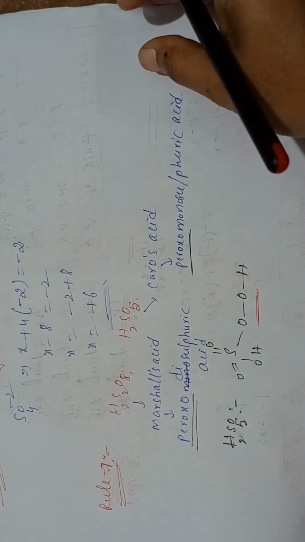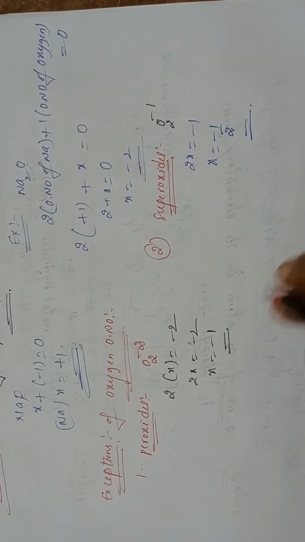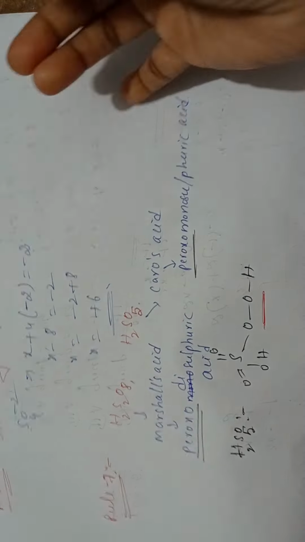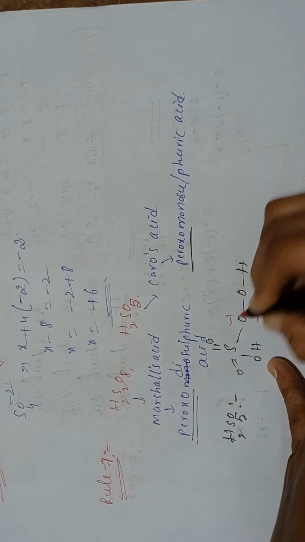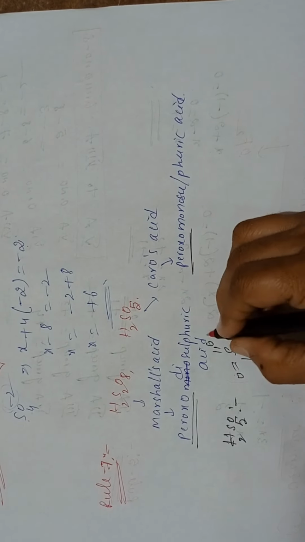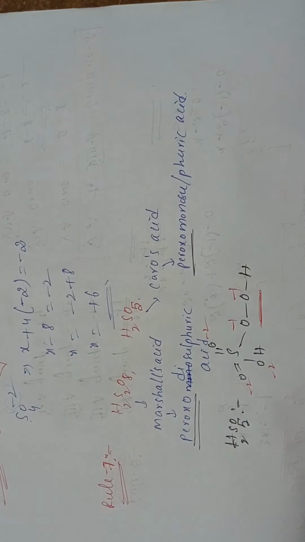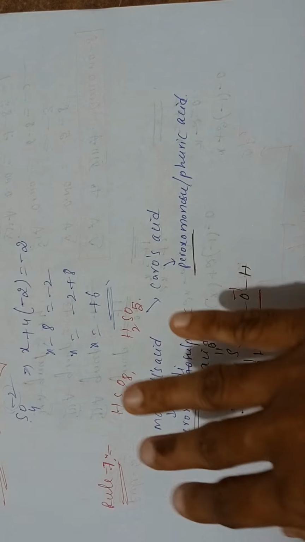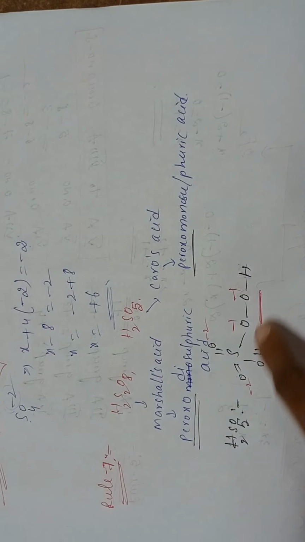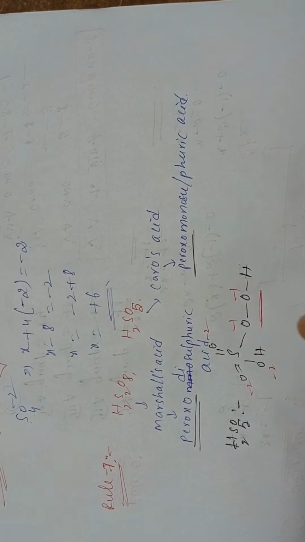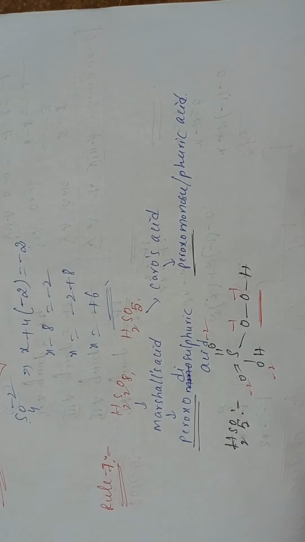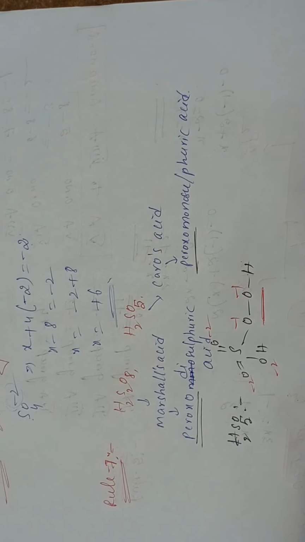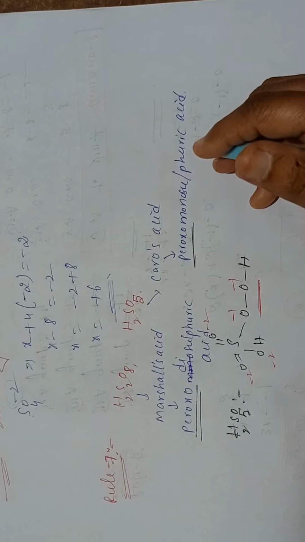As I already told you, in peroxides the oxygen oxidation number is minus 1, but the remaining oxygens show minus 2 oxidation state. So in this case, 5 oxygens means 5 into minus 2 should not be written, because there is a peroxy bond. In the peroxy bond the oxygens show minus 1, and the remaining oxygens show minus 2. So how do we find the sulfur oxidation number in H2SO5?